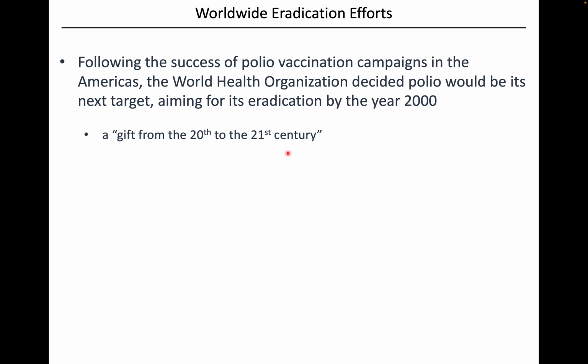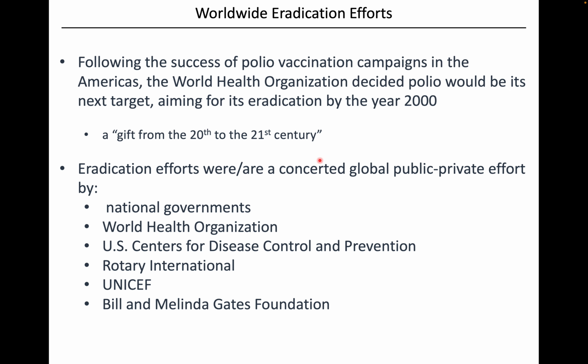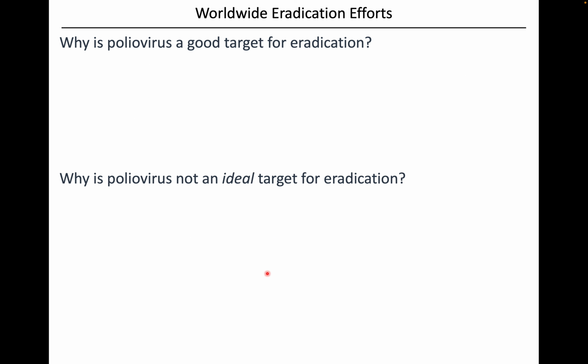We did not hit that mark, but again, we did get pretty close. So this was a huge effort, right, involving governments, all kinds of government organizations, all kinds of privately funded organizations, charitable organizations. So there have been a lot of players involved with this effort.